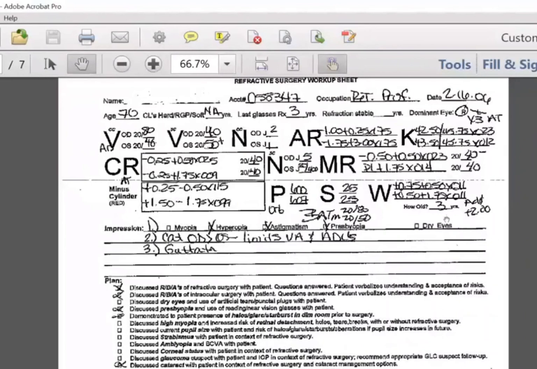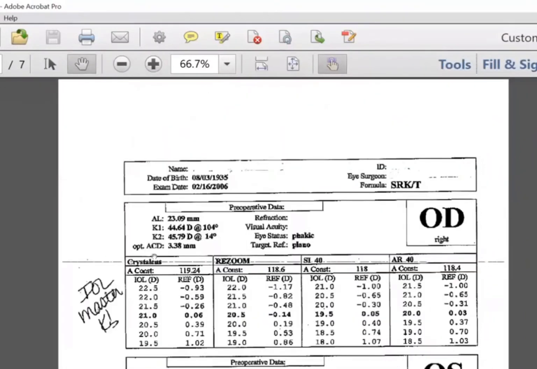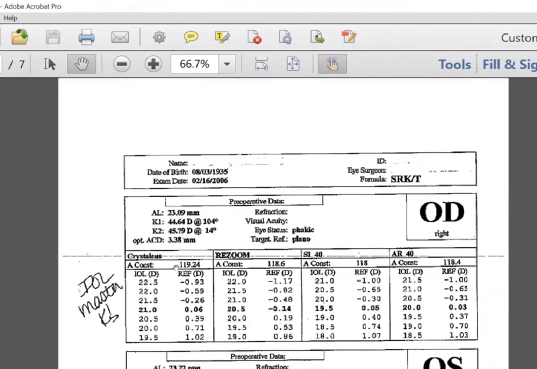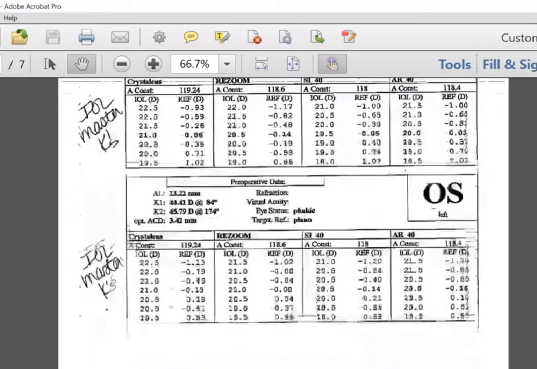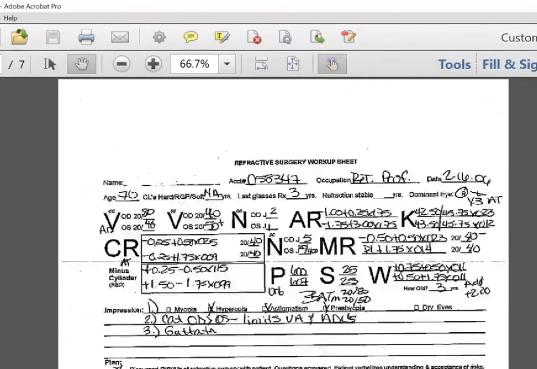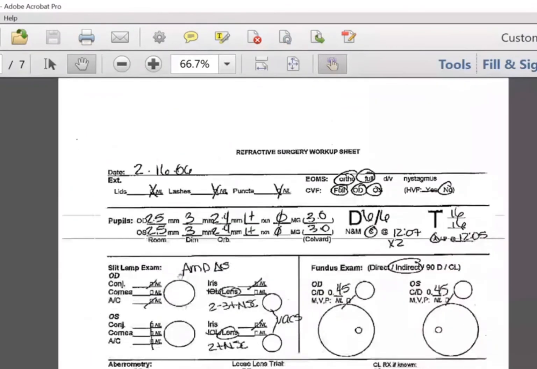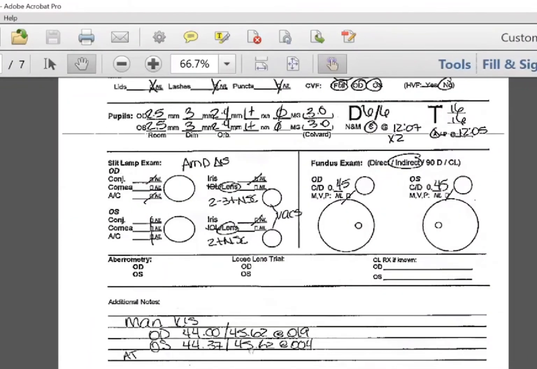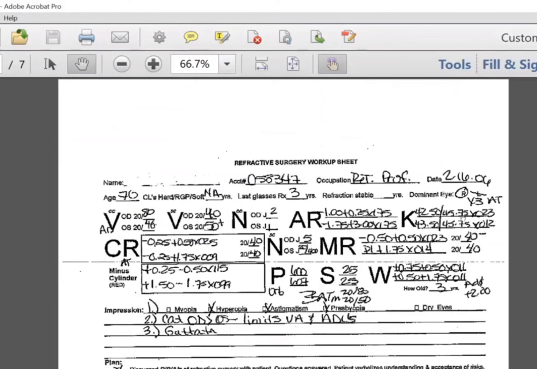So there is some difference, and even the IOL master has some keratometry readings here, which are also slightly different. In this case, the IOL master K readings correlate quite well to the manual K readings, but the autorefractor K readings are quite different.